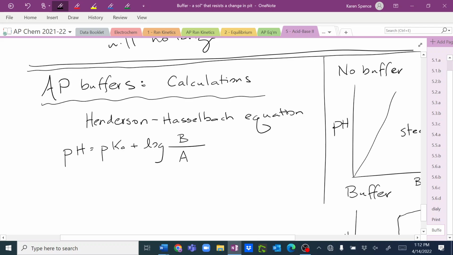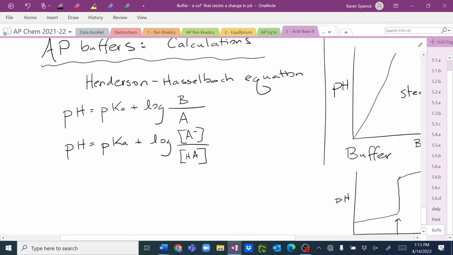I like writing it that way just because that way I don't have to remember quite as much, but pH is equal to pKa plus the log of A minus over HA. Yes?